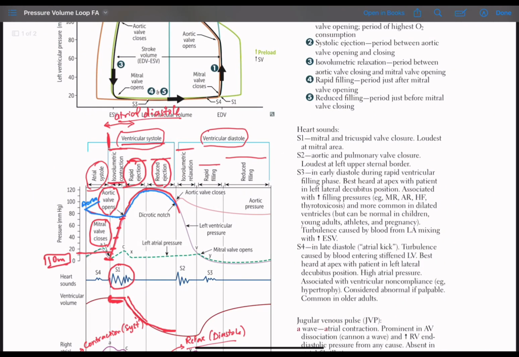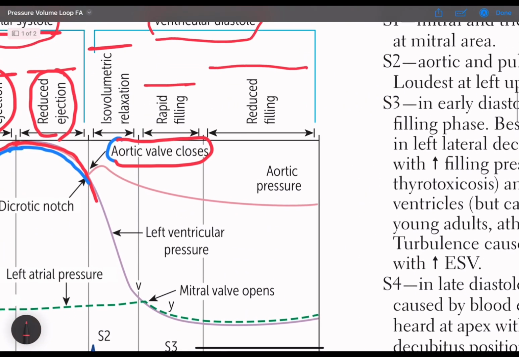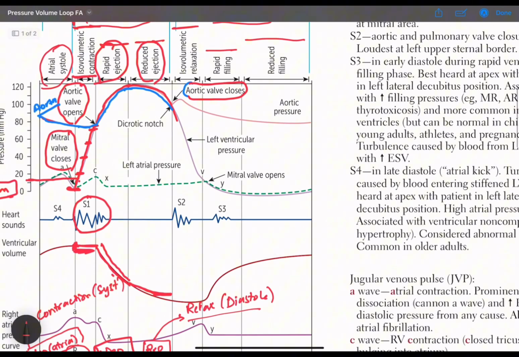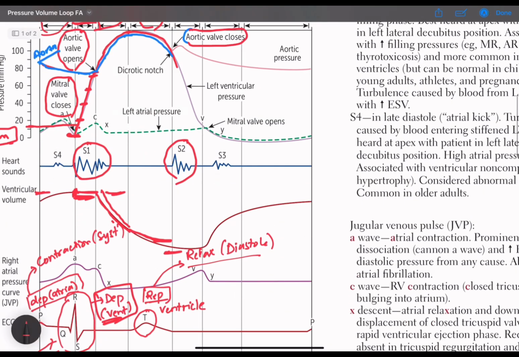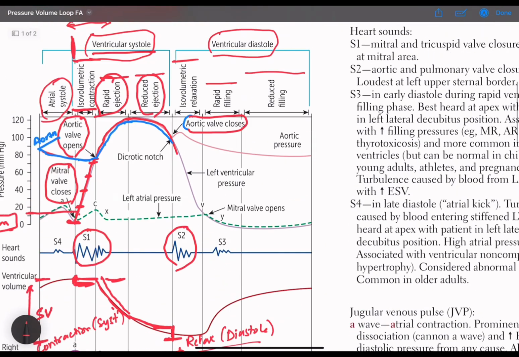So we have aortic valve closure, and this generates the S2 sound. And this volume change from here up to here is the stroke volume.